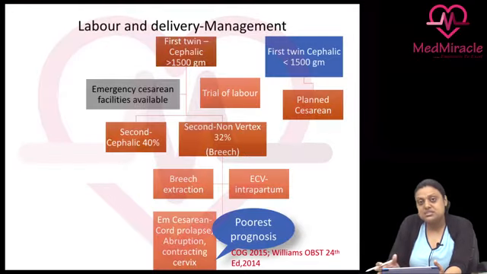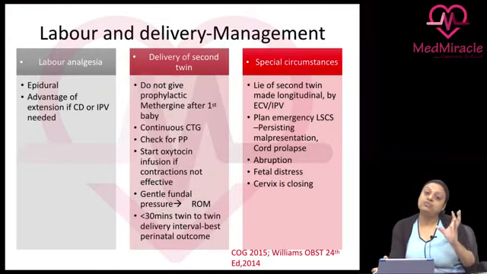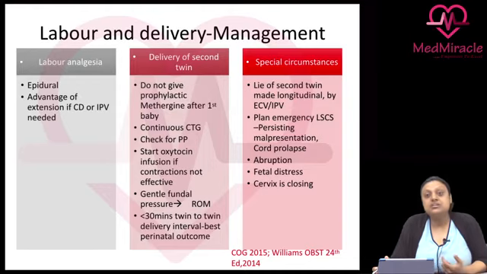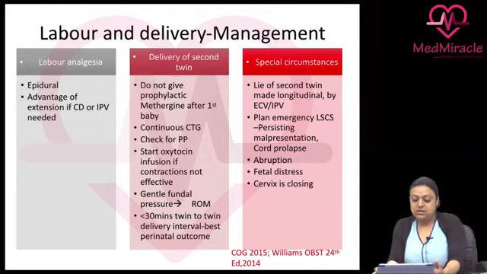What are the specific points that we have to keep in mind during a twin gestation? We must have proper training of how to do breech extraction, internal podalic version, and delivery in cases of transverse lie, and also emergency cesarean section for delivery of the second twin.